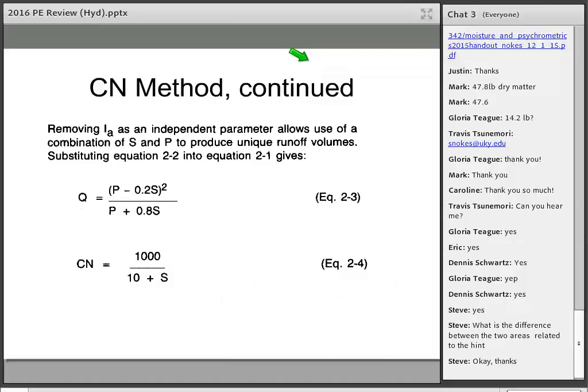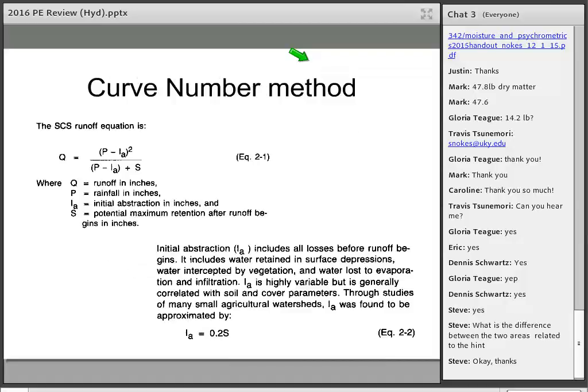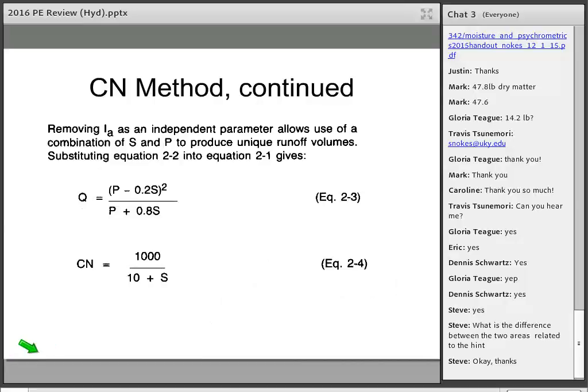So essentially what they do to get to the curve number is they take the equation and do some solving to end up with a function of P, the precip, Q, the runoff, and I hate the fact that they used Q for this because Q is typically flow rate in cubic feet per second, but in this case it's runoff in inches or centimeters.